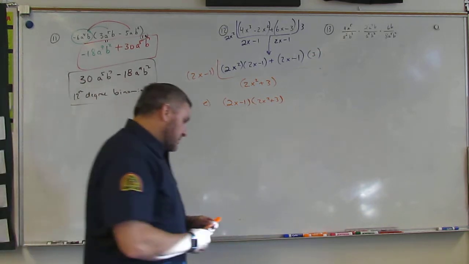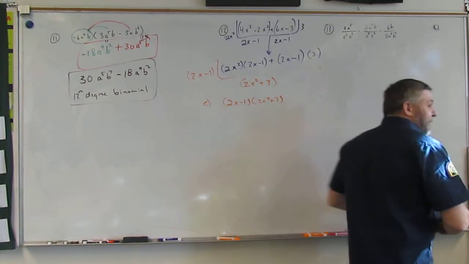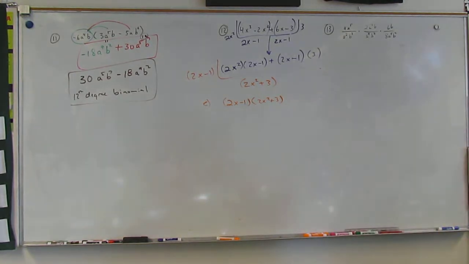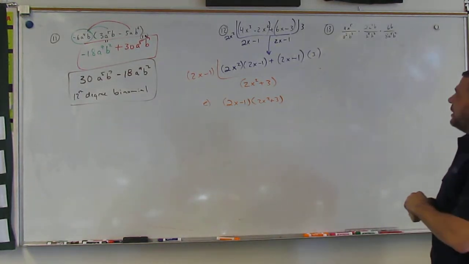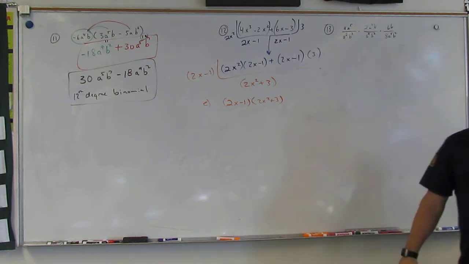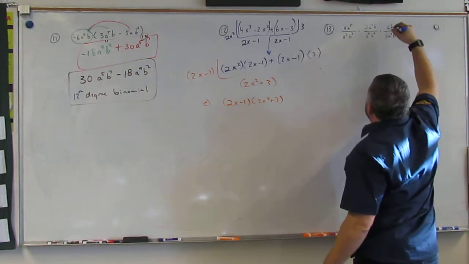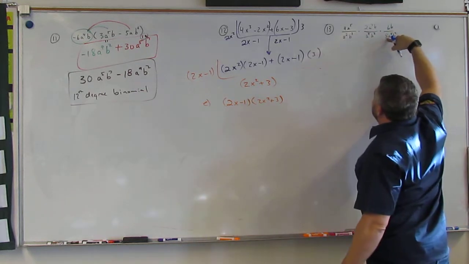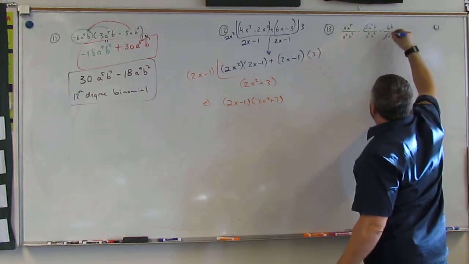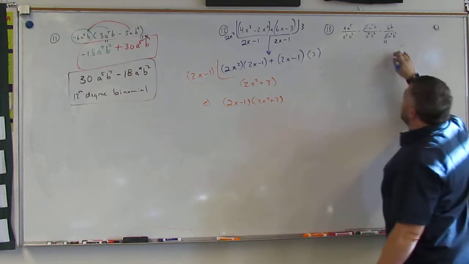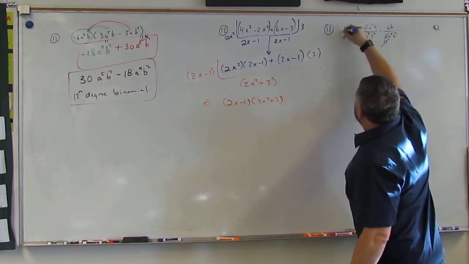Right? Mr. Anchetta? Okay. What now? 13. Yes. The best way to deal with this one is to cancel things out. Does 2 go into 8? Yes. 4 times. Does 4 go into 4? Yeah.